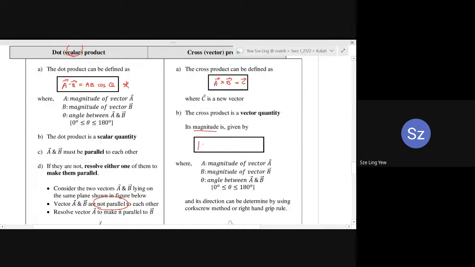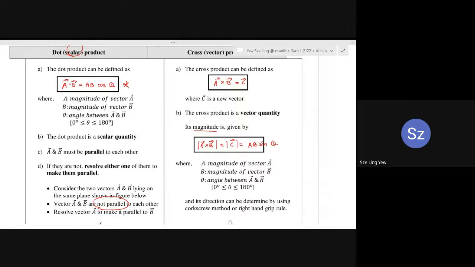So the modulus of vector A cross vector B equals the modulus of vector C, which equals AB sine theta.